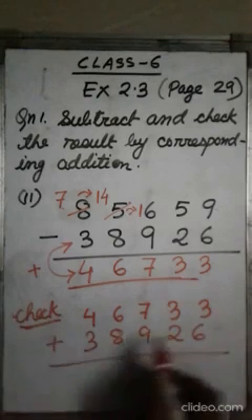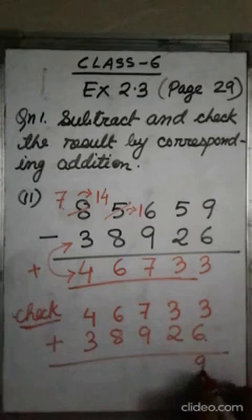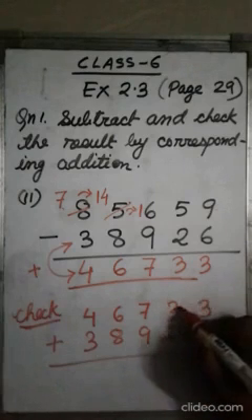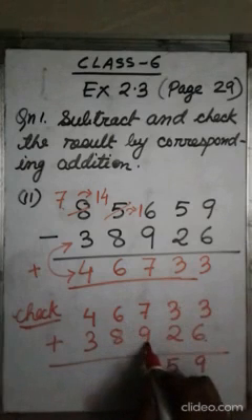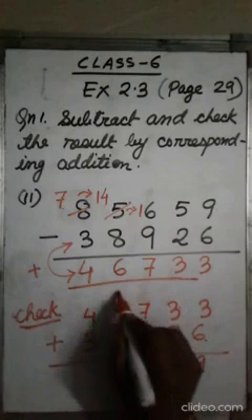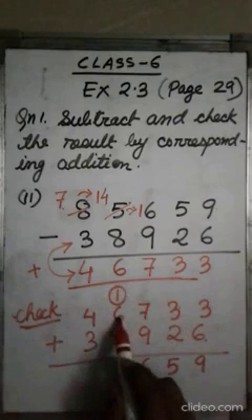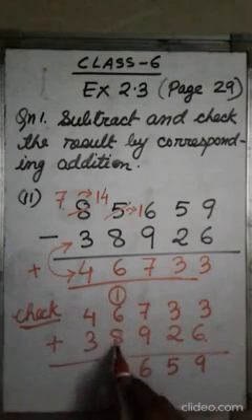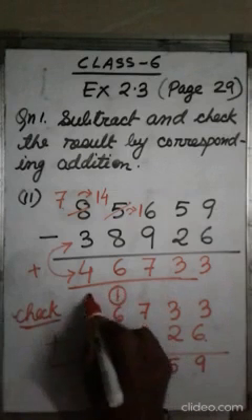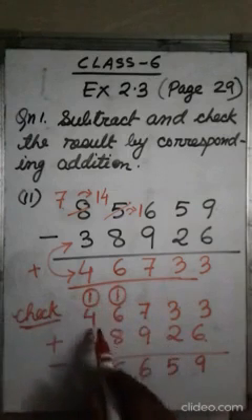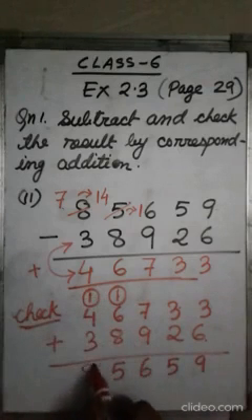If you add these two numbers, 3 plus 6 is 9. 3 plus 2 is 5. 7 plus 9 is 16. 1 will be carried forward to the next position. 8 plus 6 is 14. 14 plus 1, 15, again 1 carried forward. 3 plus 4 plus 1 is 8.